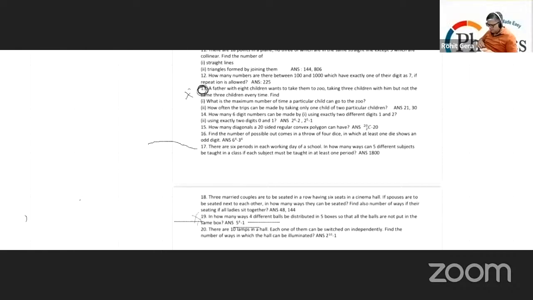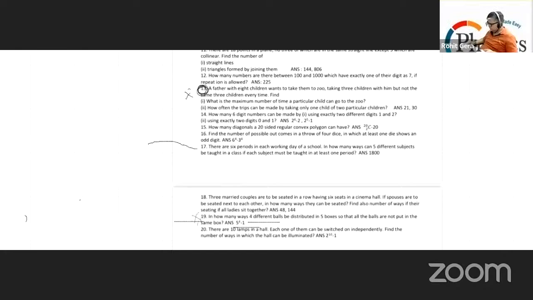There are 6 periods. पांच सब्जेक्ट्स पढ़ाने हैं, 6 पीरियड्स. 6C5.